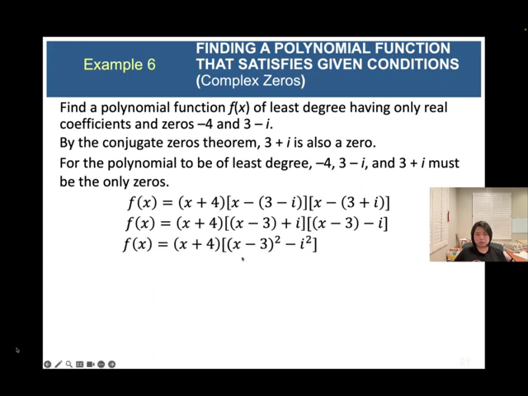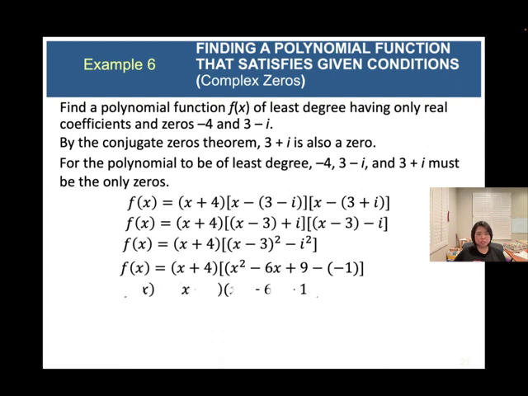Okay, now we're going to distribute it. Using the formula, a minus b squared will be a squared minus 2ab plus b squared. And remember, what is i squared? i squared will be equal to negative 1. Okay, now combine the like terms, and then distribute it one by one.